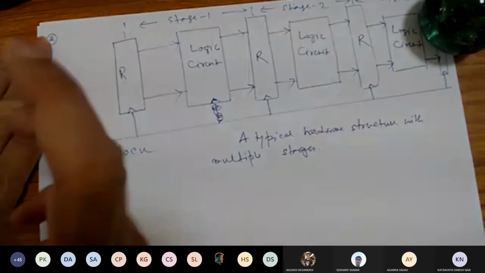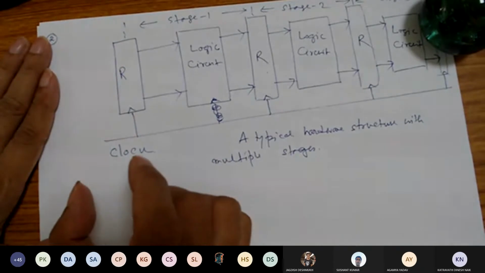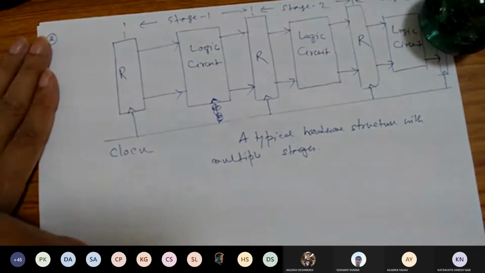So we need to understand which stages of various instructions are common and what can be a generic circuit for that. Okay.